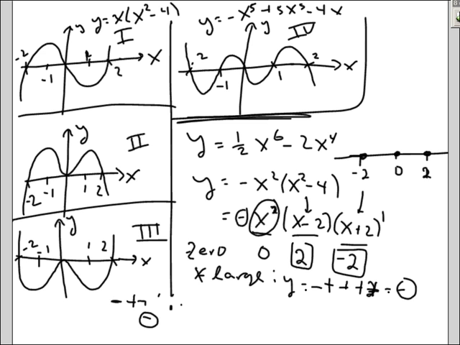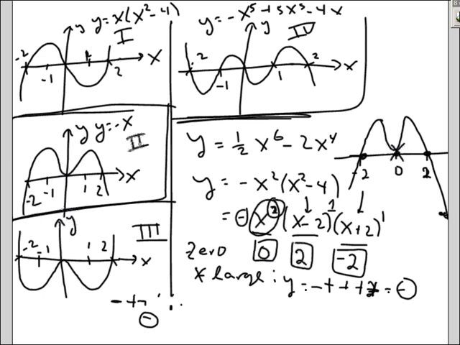With respect to 2, the power was understood to be 1, an odd number, so I crossed. But with respect to 0, the power is even. I don't cross at 0. I just touch. Okay, so I come up, I cross at 2, I just touch at 0 and come back up, and then I cross at negative 2. That graph looks exactly like graph number 2.